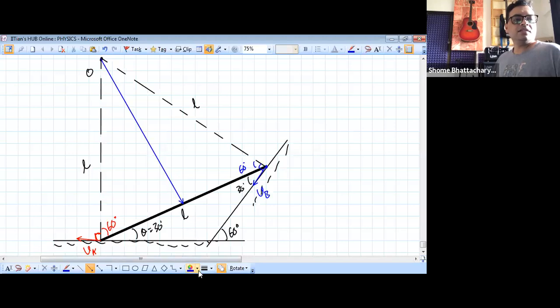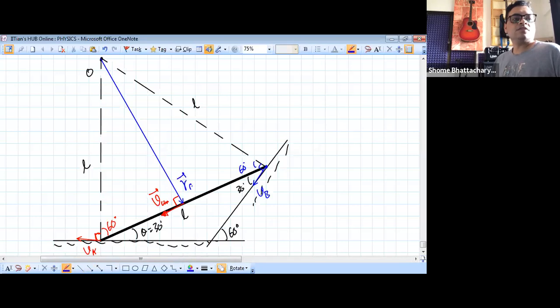And interestingly, at this moment, the center of mass's velocity direction will be along the rod. Only at that instant; in general this will not be the case, but at that instant VCM's direction will be along the rod because it's an equilateral triangle at that instant.